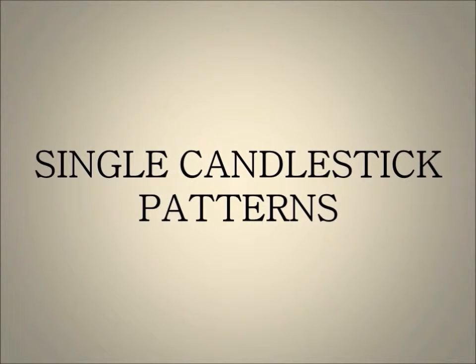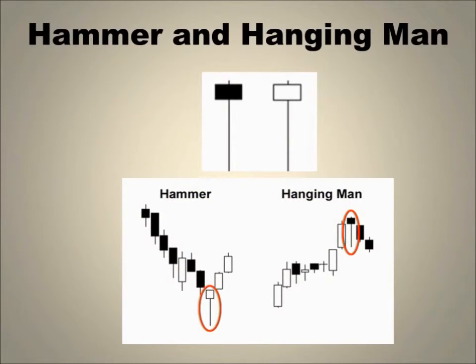Now, let's talk about single candlestick patterns. Here we have the hammer and the hanging man. On the left, we call this pattern the hammer pattern. Now, notice that the hammer is a bullish hammer inside a bear market. We call this the hammer because, well, for two reasons.